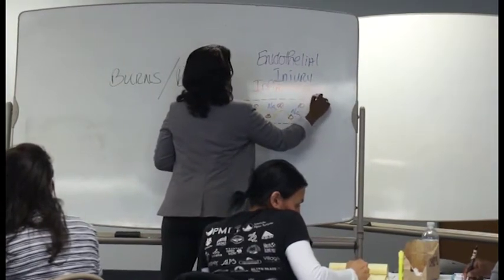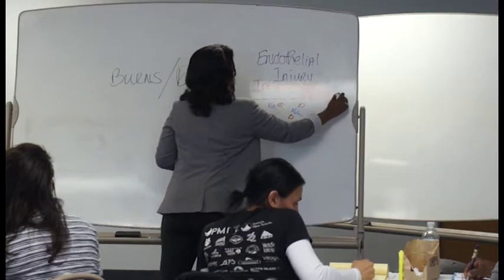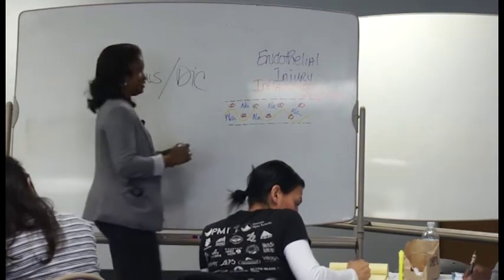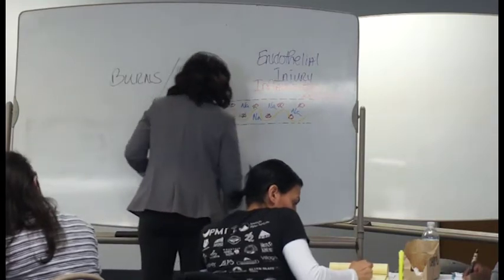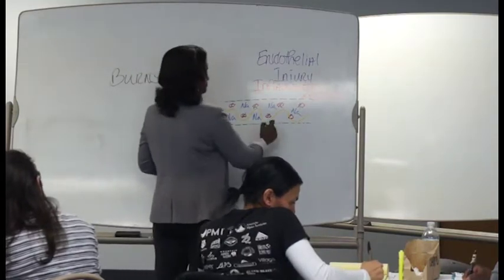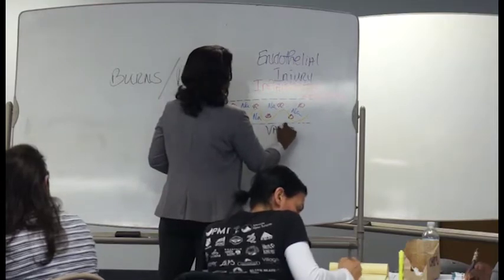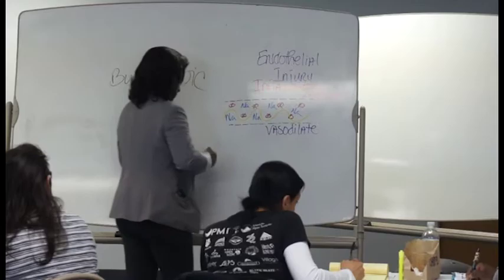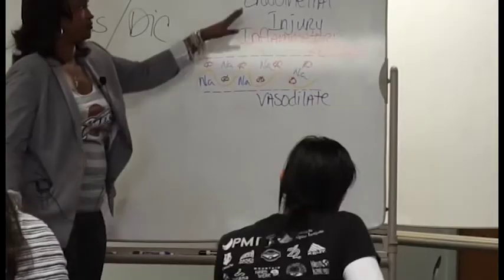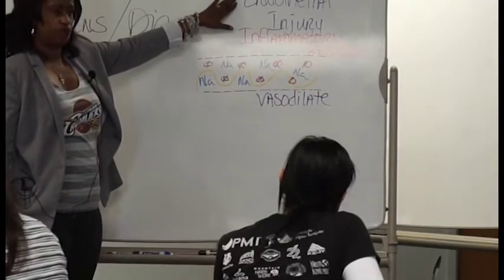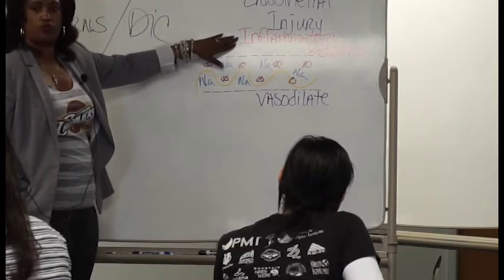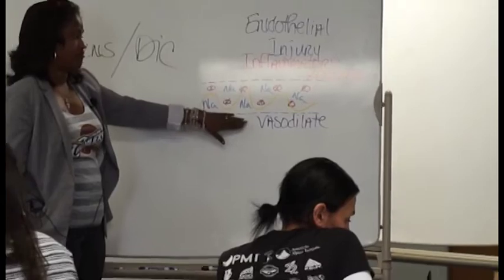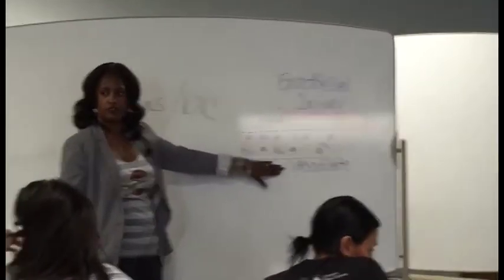When you cause an inflammatory response, this blood vessel will vasodilate. We have injured tissue and an inflammatory response, either because you were burned or this is an infection. We have massive vasodilation, and this is why.